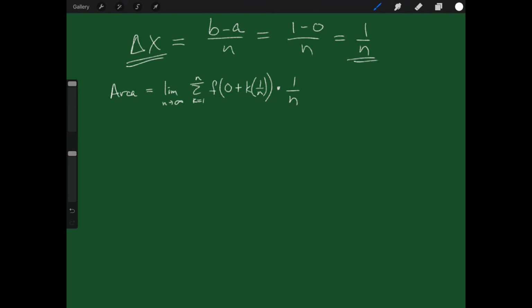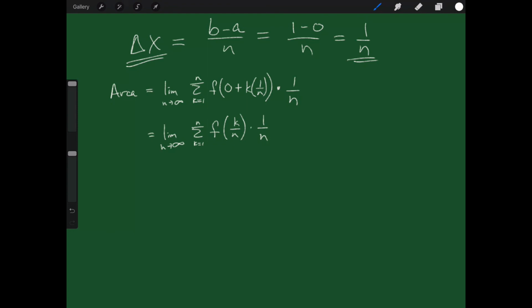Let's rewrite. This is the limit as n goes to infinity of the sum, k going from 1 to n, of f of k over n times 1 over n. What is f of k over n?